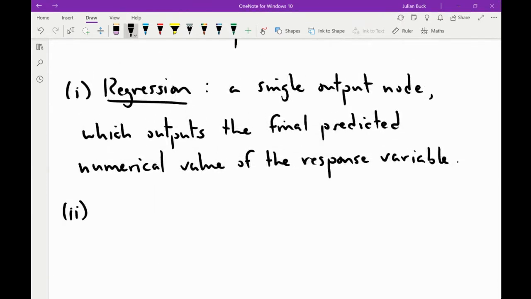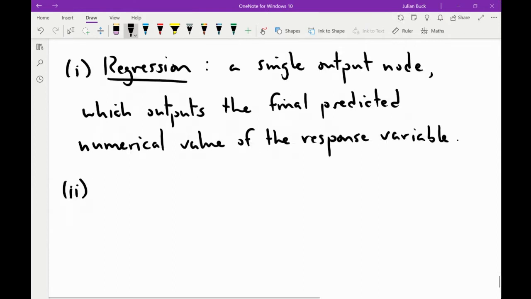So that's it. You're predicting a numerical value, like say the selling price of a piece of real estate for the Ames housing example, and it's simply going to output what that is. Nothing more to say there.